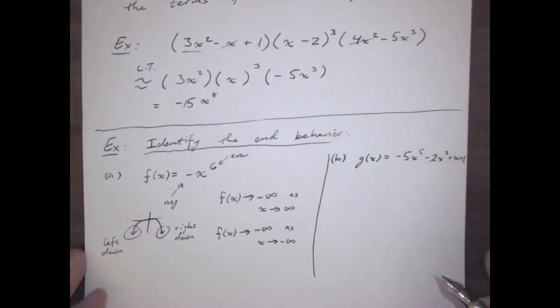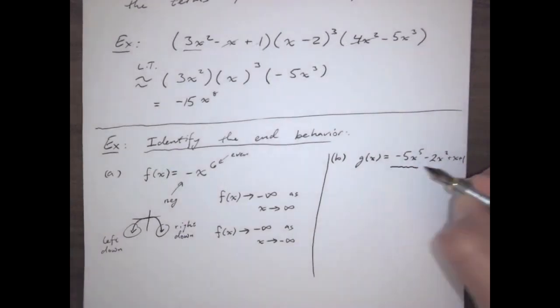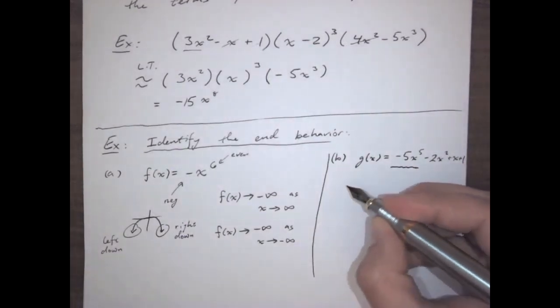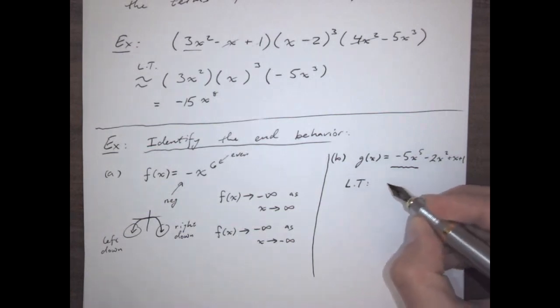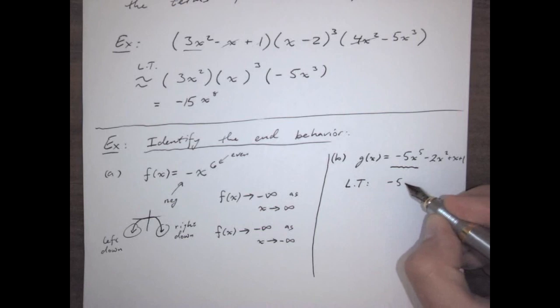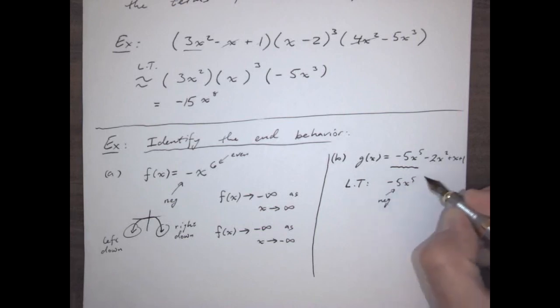So once again, all that matters about all of the terms is the leading term. And so the leading term is negative 5x to the 5th, which has a negative coefficient and an odd exponent.